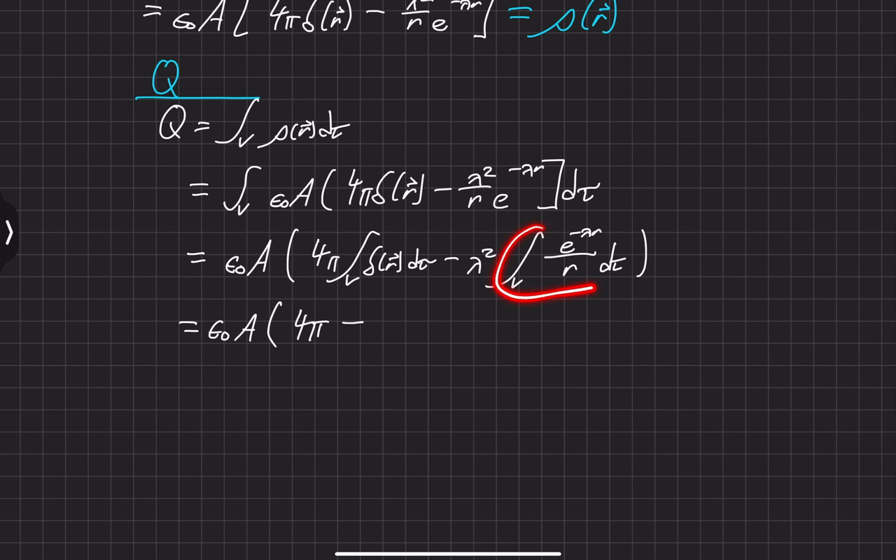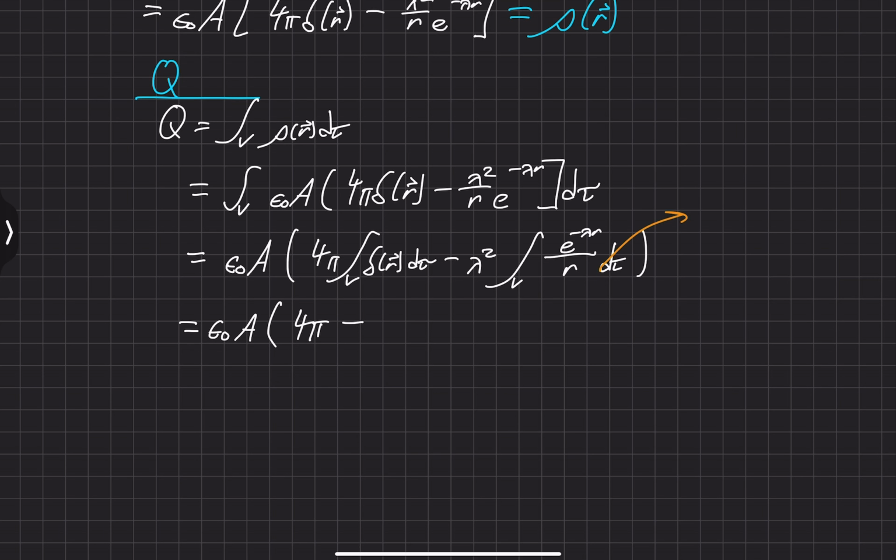And then this integral right here is a very special integral. It's one that you'll see often, but we can make it a little bit more familiar by making a substitution for this volume element.